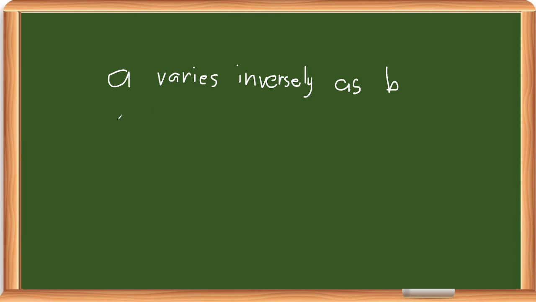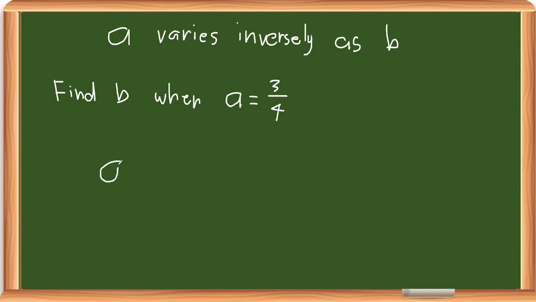So you're going to find for B, when your A is 3 over 4. Okay, so ano yung situation? A varies inversely. So we have A equal to K over B.